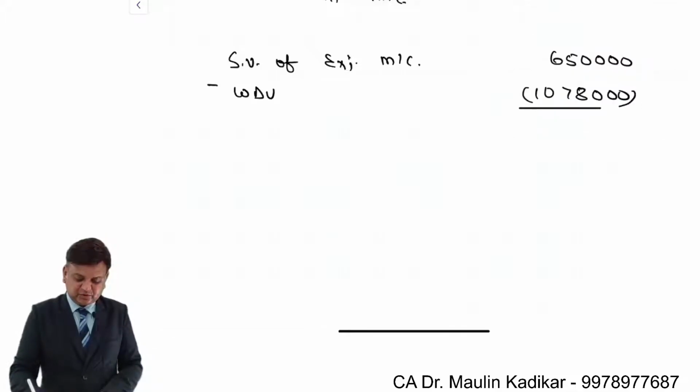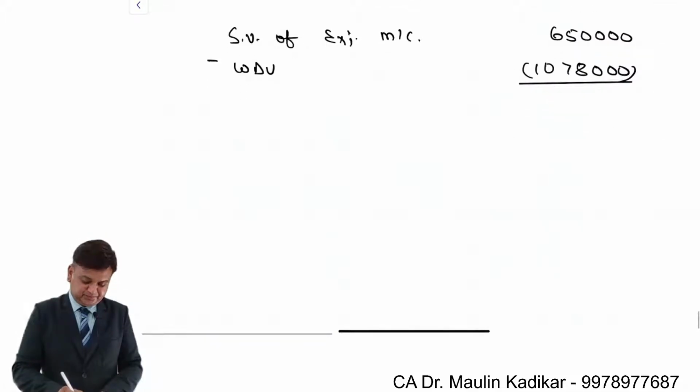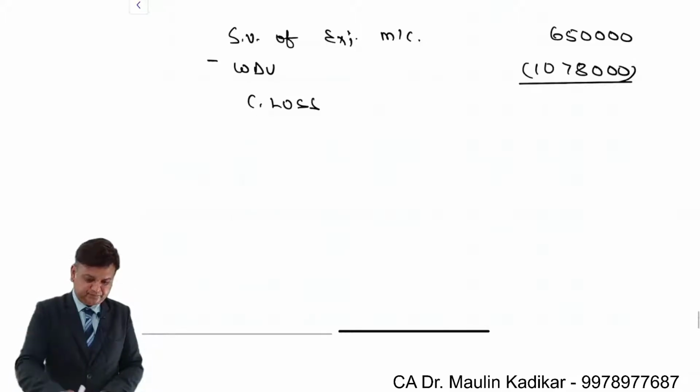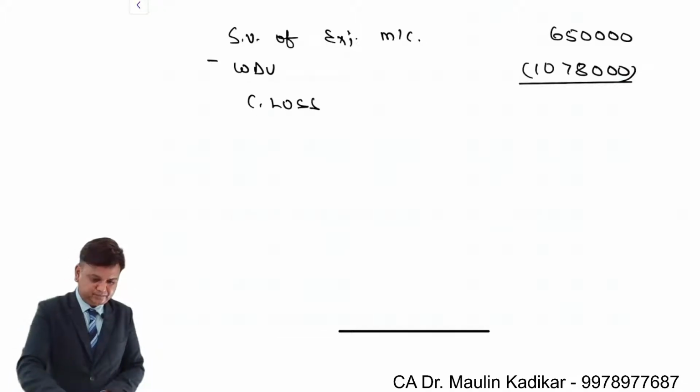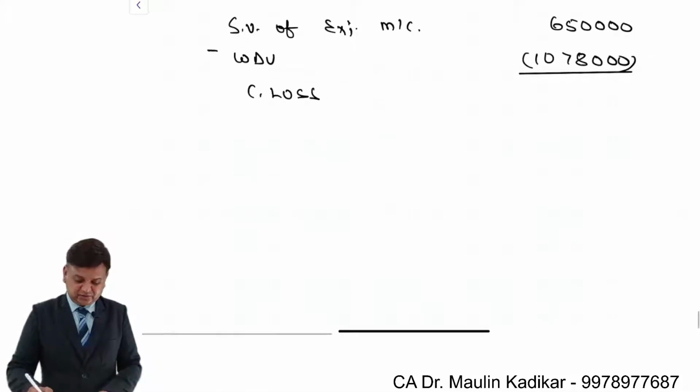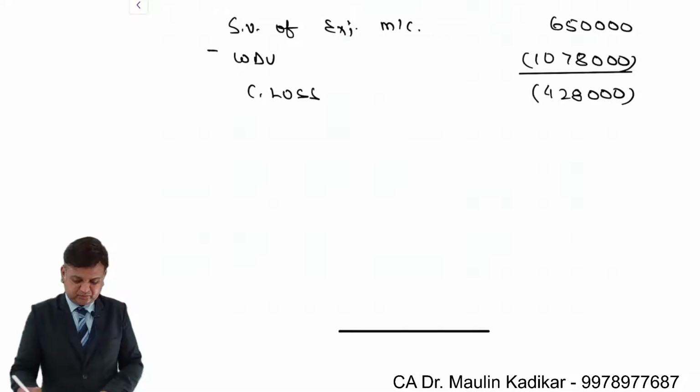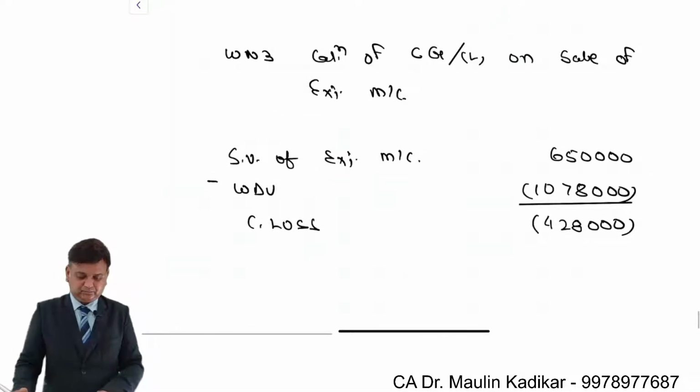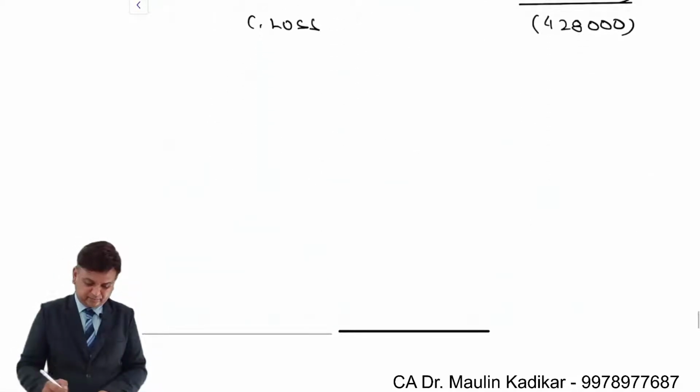So the difference between both of them is a capital loss of 4,28,000.